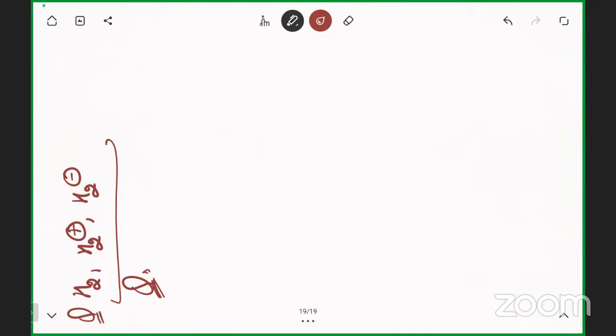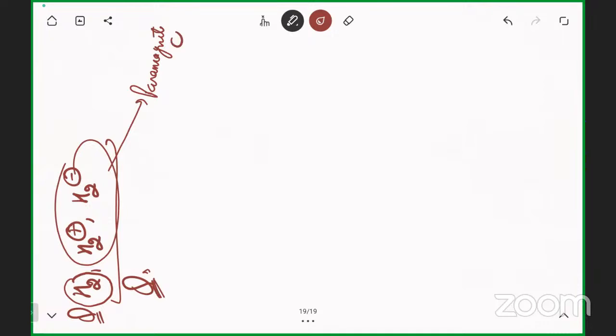H2 is second paramagnetic, and third. Second and third, sir. H2 plus, H2 minus. Yes, paramagnetic, sir. These two are paramagnetic. H2 is diamagnetic. Very good.